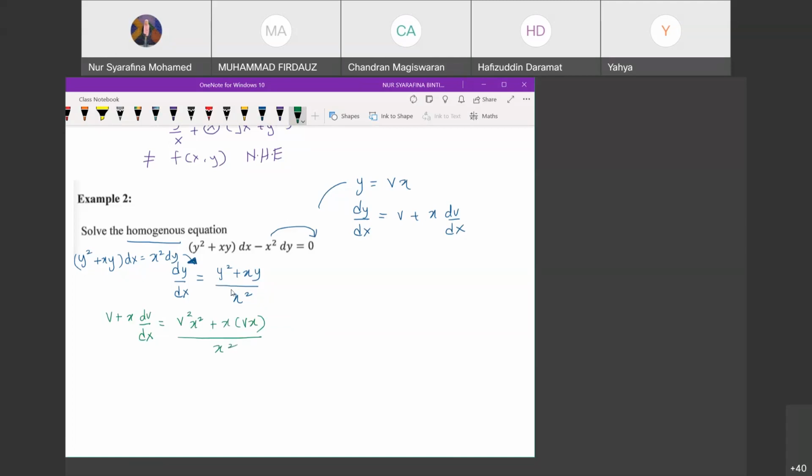So simplify this first. Simplify this, you get what? This one is v squared, this one is v squared x squared. Just separate this, factorize.